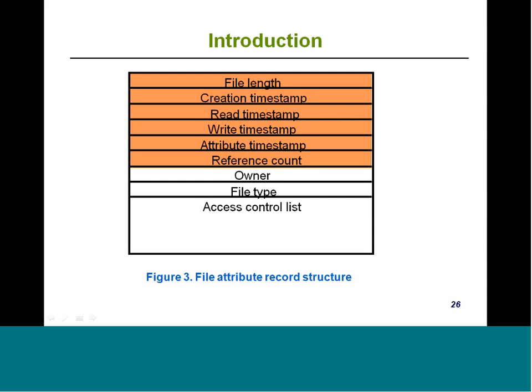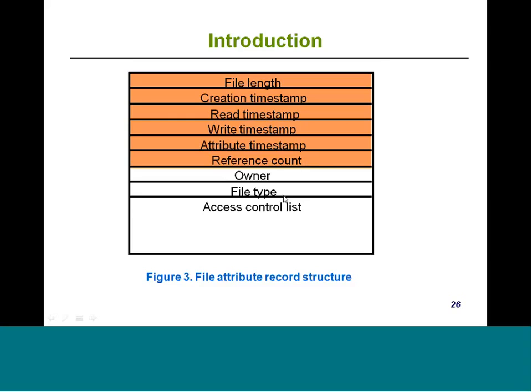The key things that we want to record are the file length, a creation timestamp, and a read timestamp, which is when it was last read. After creation, if it is written again, then there is the write timestamp, and then there is an attribute timestamp, and then the reference count.